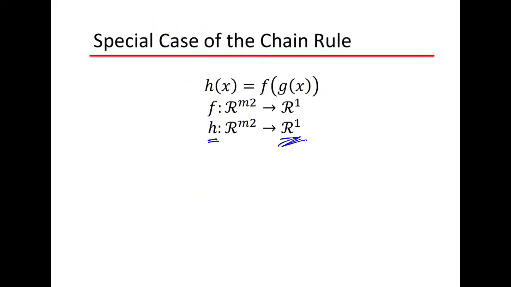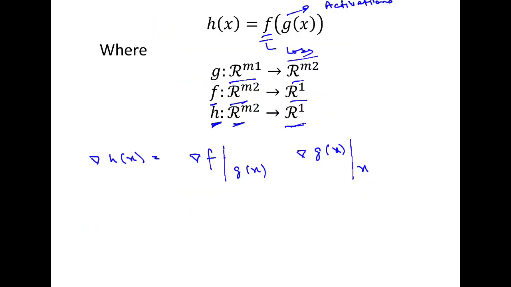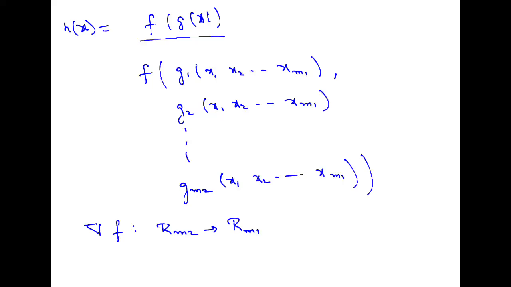What is f? Okay, that's fine. So f has these m2 components, right? It's taking the m2 components as input and it's mapping onto a real number, right? So if I take the gradient, I'll take the gradient with respect to each of those components.